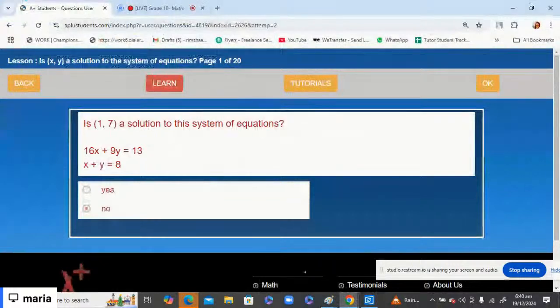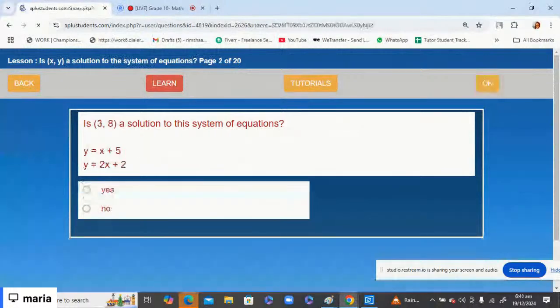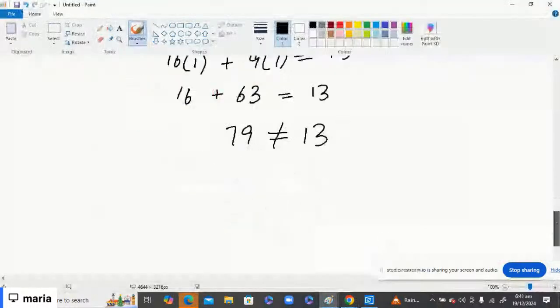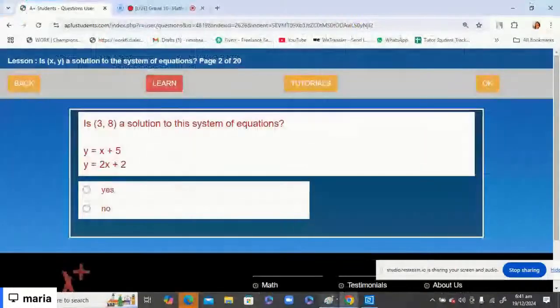Next, y is equal to x plus 5, and the solution set is 3 and 8.